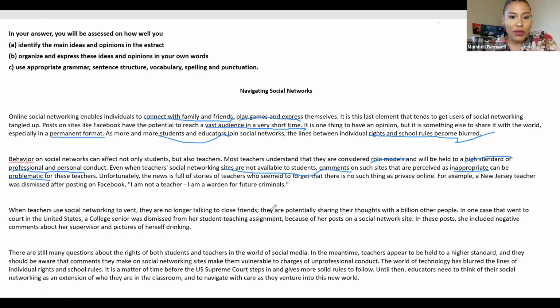Unfortunately, the news is full of stories of teachers who seem to forget there's no such thing as privacy online. We have already stated that it's a permanent format, but we have not mentioned anything about privacy beyond sites not available to students. For example, a New Jersey teacher, blah, blah, blah, do not put that in.